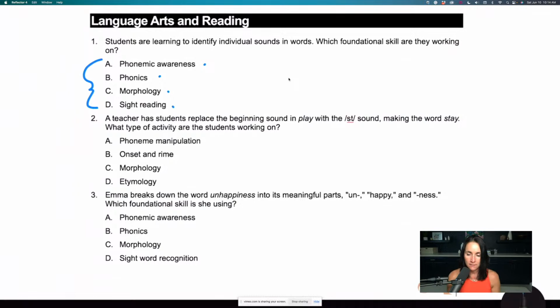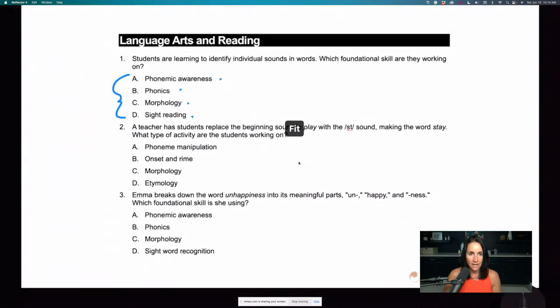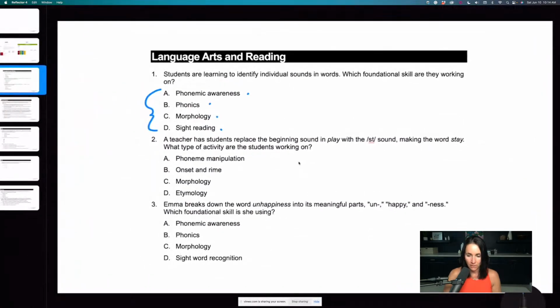Now, typically on the exam, silent reading is going to be a not so great word when it comes to a test question. However, it could be the answer, but typically you're going to want to stay away from answers like that. You want to be careful with silent reading.